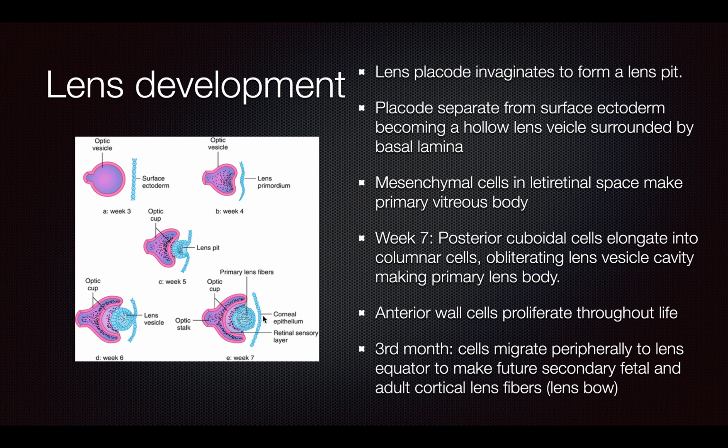And the anterior wall cells will proliferate throughout life. By the 3rd month, the cells will migrate peripherally to the lens equator, and that will make the secondary fetal and the adult cortical lens fibers, also known as the lens bow.